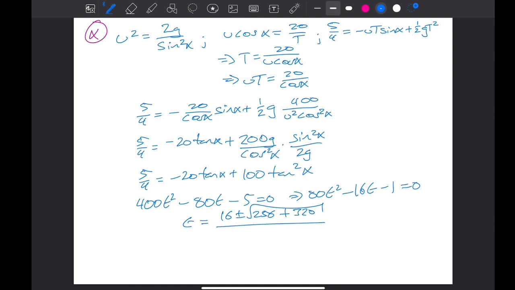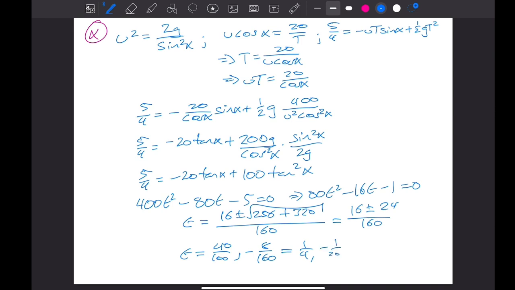All square rooted, divided by 2 times a, so 160. 256 plus 320 gives us 576, and the square root of that is 24. Still over 160. If we do the plus or minus, then we have that t is going to be equal to either 40 on 160, or it's going to be equal to minus 8 on 160. So simplifying those, we've got 1/4, or a very small number, minus 1 on 20.